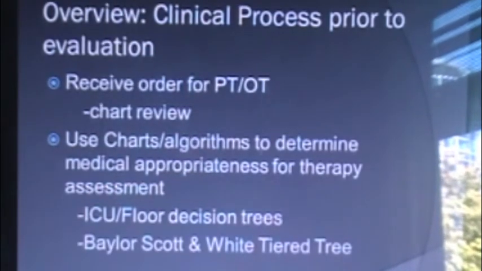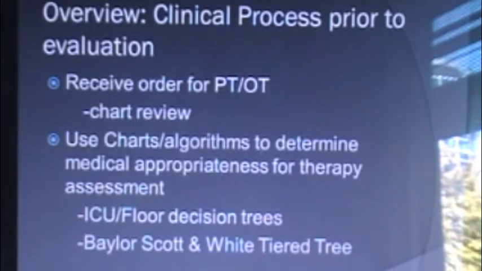So next we'll talk about the overview, the clinical process of getting to the evaluation. It may seem obvious, but initially you're going to receive your order and you want a chart review. So we are checking vital signs initially, paying particular attention to when the patient was admitted, as we're often seeing anecdotally an increased oxygen requirement in the first 24 hours that they're admitted.